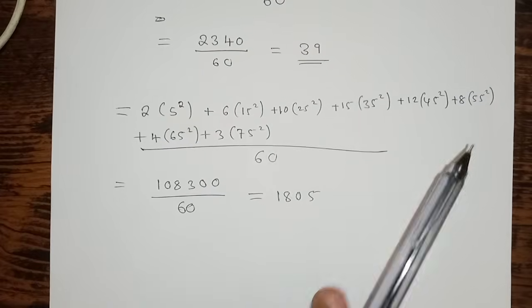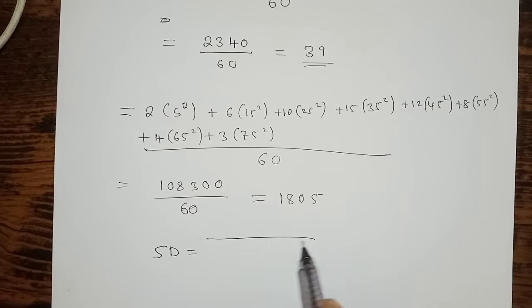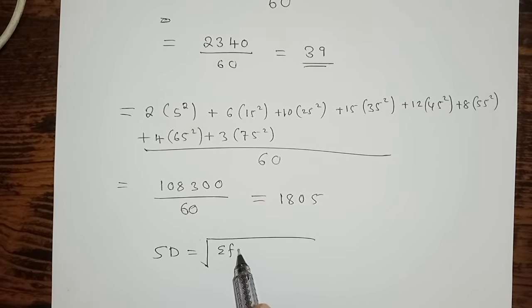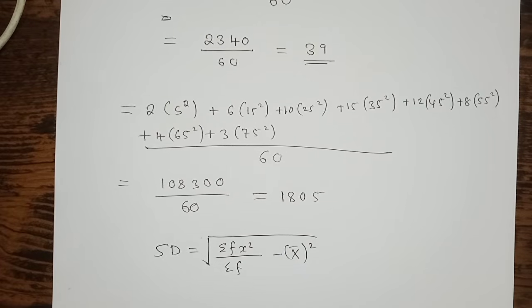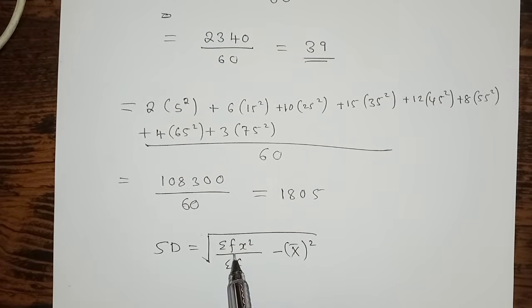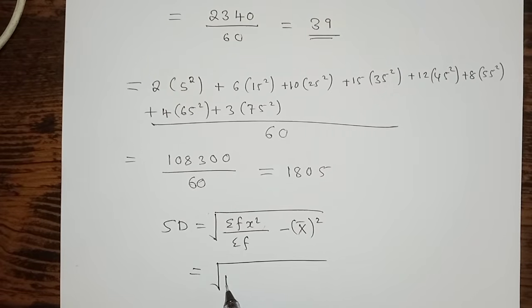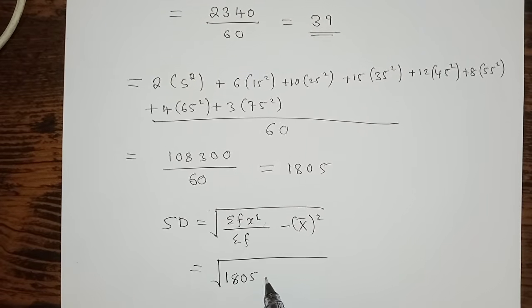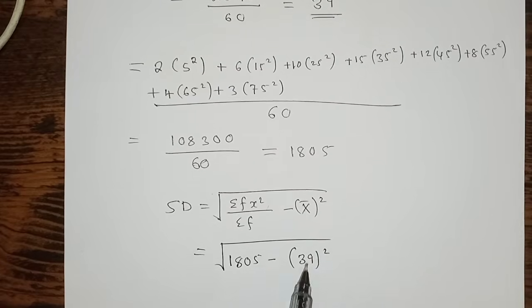Let me write the formula so that we understand what we need to do. So this is how the formula looks. This is the mean and this is what we have here. So we're just going to say root of this minus the mean, squared, mean squared.